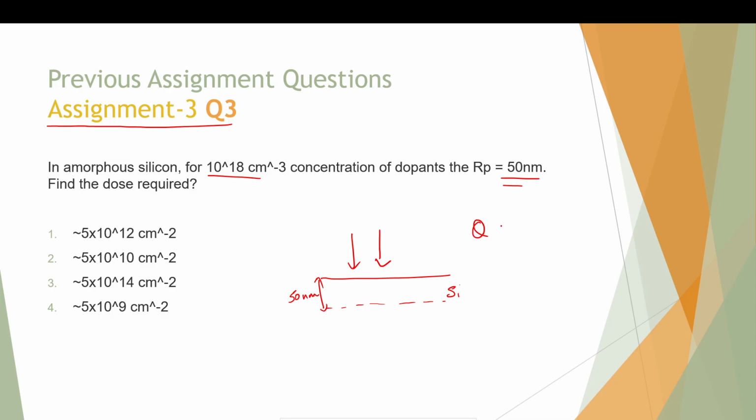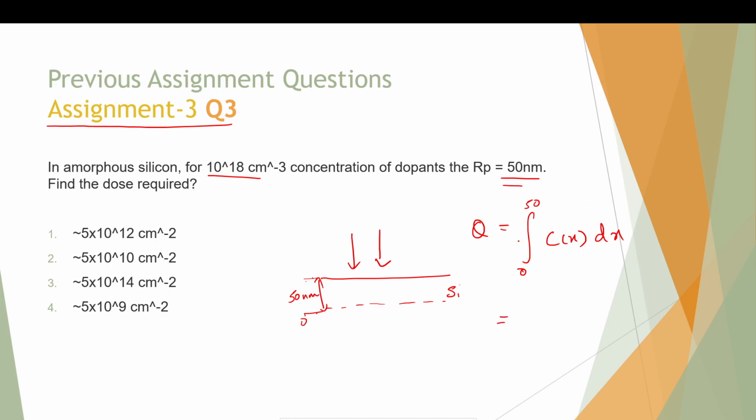So dose, if you remember, is nothing but the integral of the concentration over the given range. The range is, say, if this is 0, then 0 to 50, or you can say 0 to minus 50. Either way the answer will be the same.